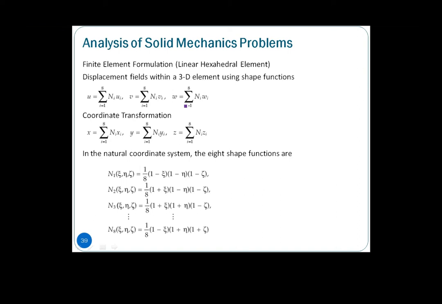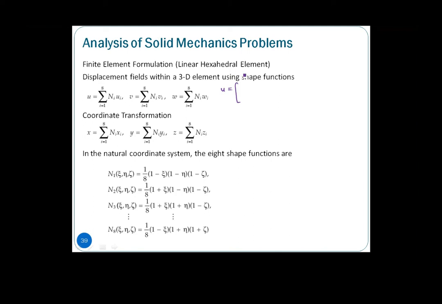So the displacement, in terms of the shape functions, like what we have said, is u equals to n1 u1 plus n2 u2 plus n3 u3 and so on. So basically u equals to our shape function in matrix form.